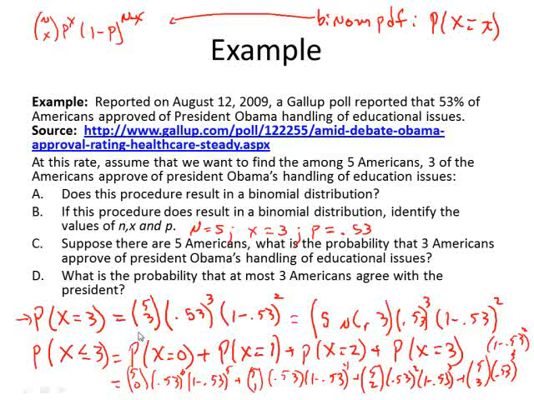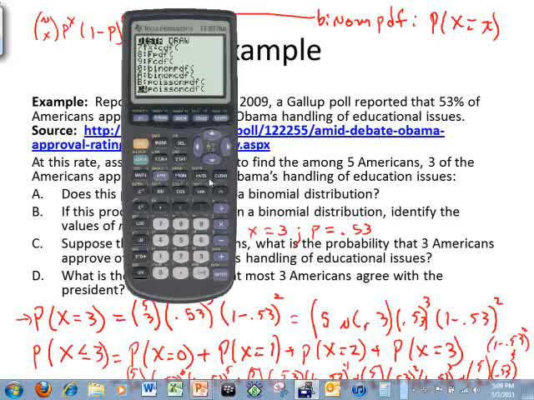If I choose the Binom PDF, it takes 3 parameters, and they're easy to remember because they're in alphabetical order: n, p, x.